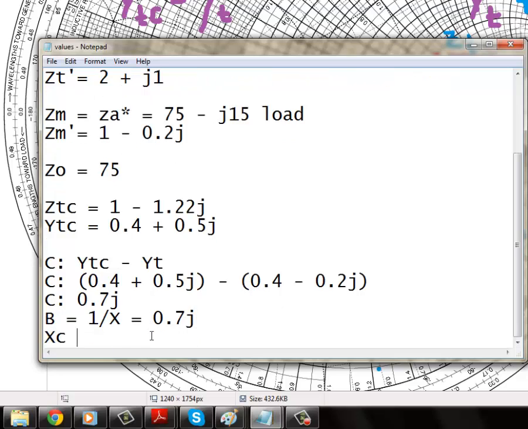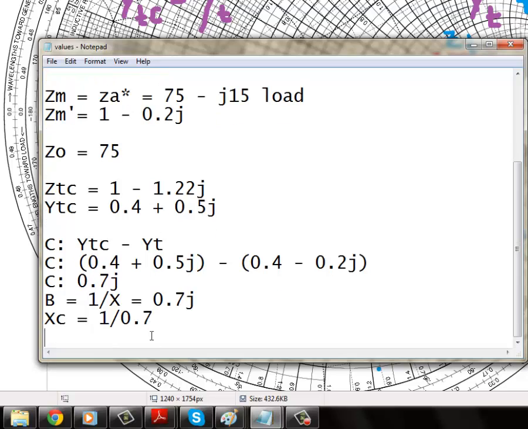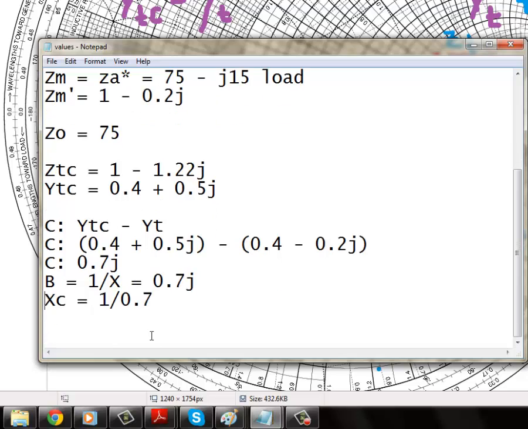For Xc it will be equal to 1 over 0.7. Keep in mind that we normalized our values in the beginning with 75. So over here we have to regain that value. We'll multiply by 75 again to get the original value.